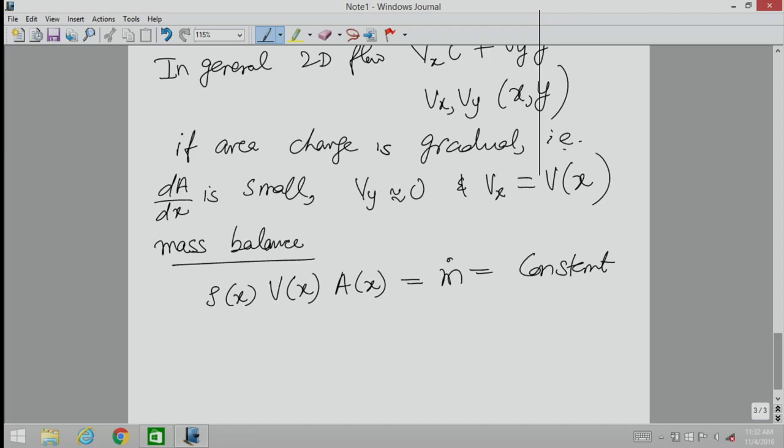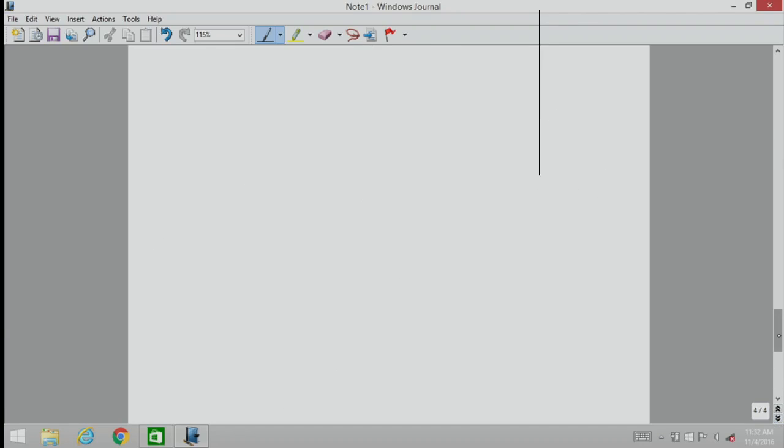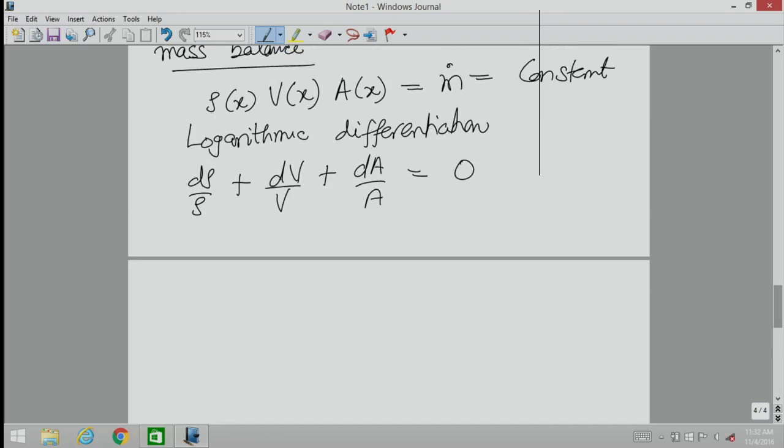Okay, so now we do a logarithmic differentiation. Now we assume this to be inviscid flow.